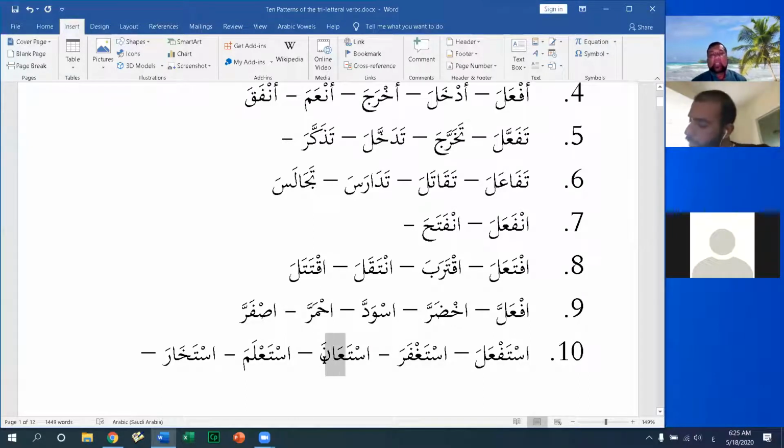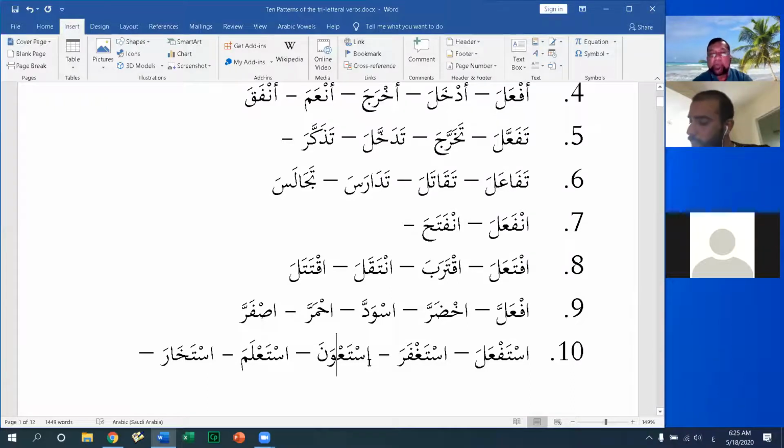استعان, this has a weak letter. This here is originally a waw, so it would technically be ista'wana. And really, I avoided all the weak letters. I only put this here because of إياك نعبد وإياك نستعين. So it's originally ista'wana.